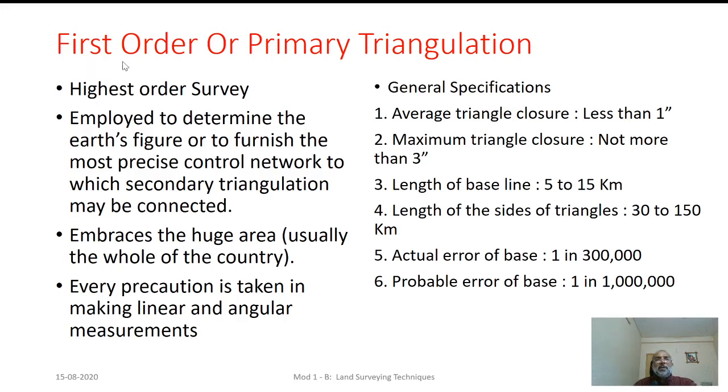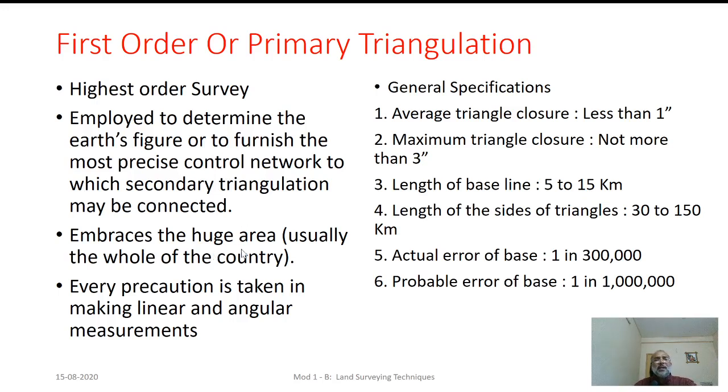So this first order or primary triangulation is the highest order survey. It is employed to determine the Earth's figure or shape, or to furnish the most precise control network over which the secondary triangulation network can be connected.